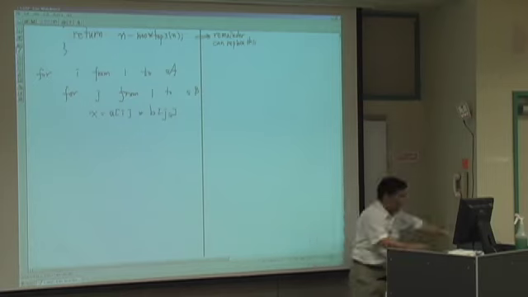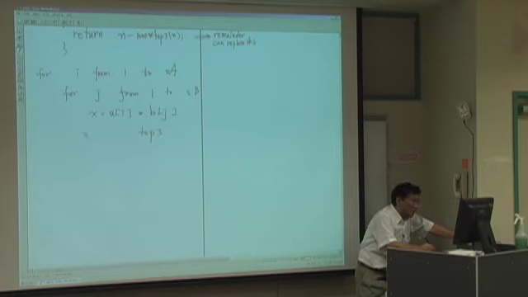Then now, I should store top 3 of this thing in the position C at I plus J minus 1, and the bottom 3 portion at C at I plus J position.